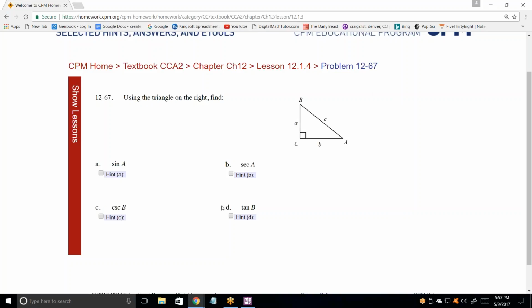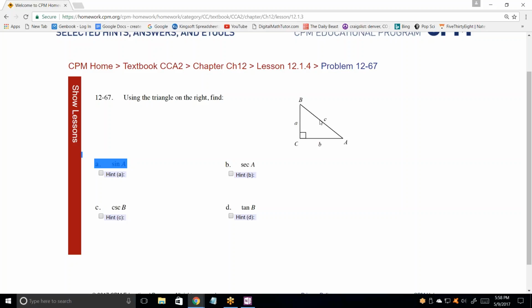All right, this should be pretty easy for you. What's the sine of A? A over C. What's the secant of A? B over C. Secant is the reciprocal of cosine. So it's got to be C over B. What's the cosecant of B?